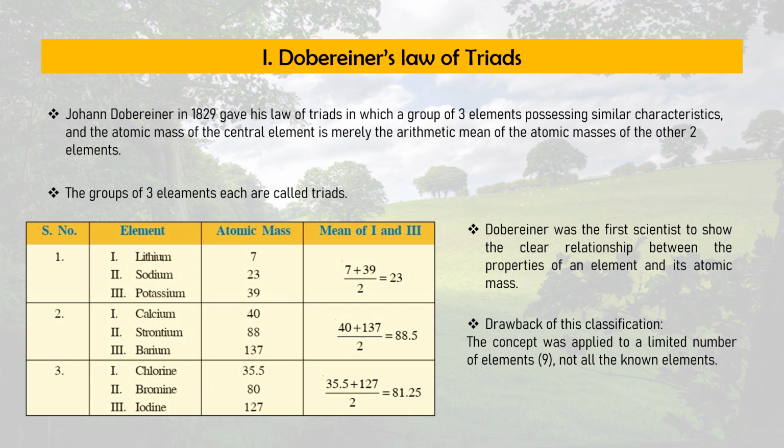The group of three elements was called a triad. Dobereiner was the first scientist to show a clear relationship between the properties of an element and its atomic mass. But he could not completely present the idea. The drawback of this classification is that his concept was applied to only a limited number of elements, that is 9, but there were so many elements in nature. That's why this theory was rejected.